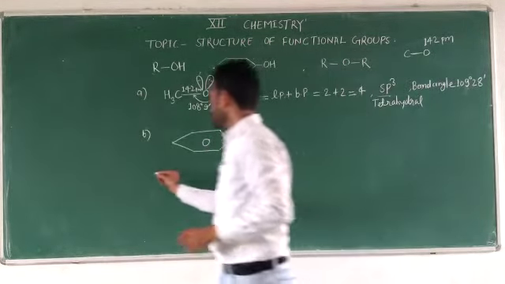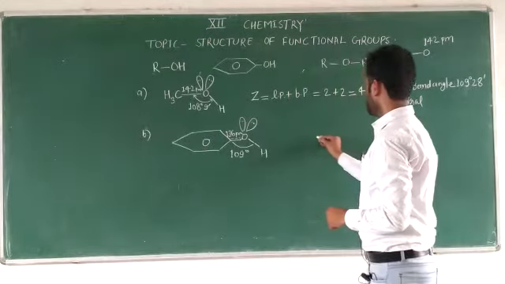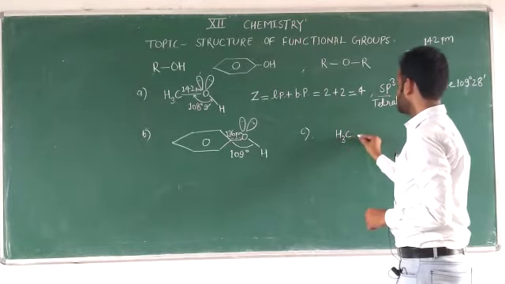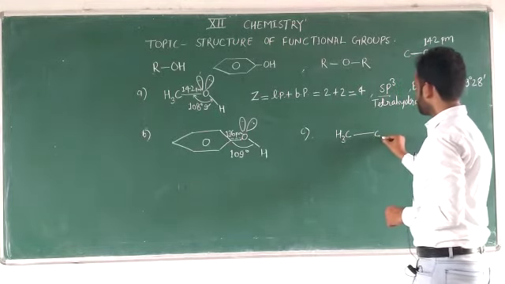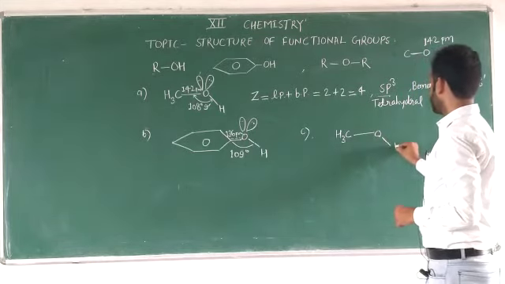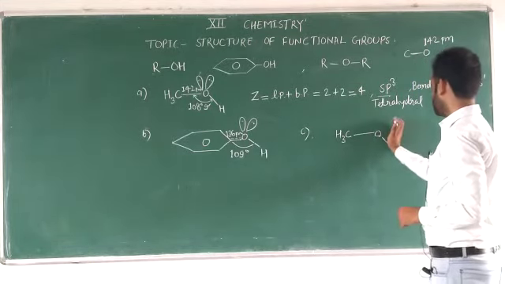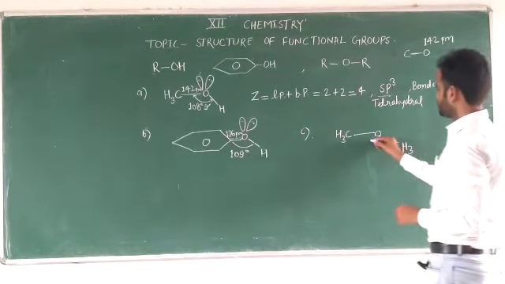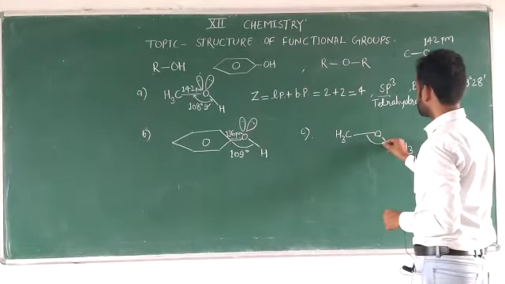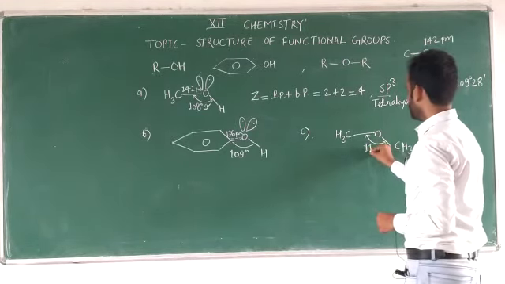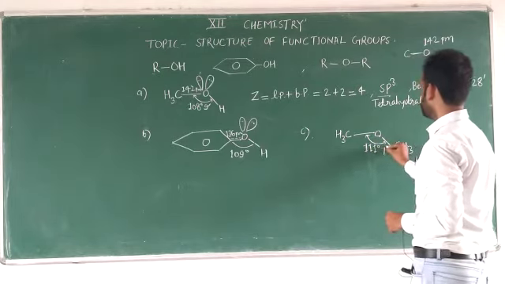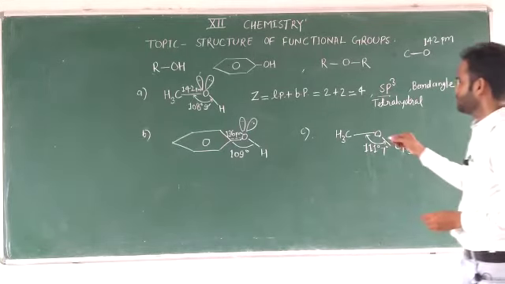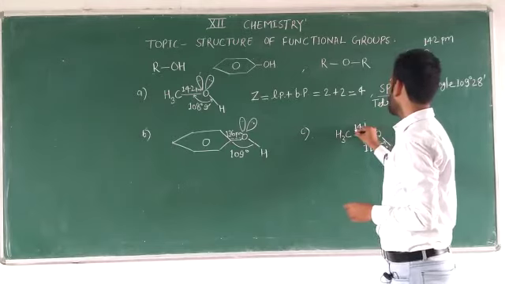Now in the case of ether, the structure is like this. Here the bond angle is 111 degree 7 minutes, and the bond length is 141 picometer, which is approximately the same.